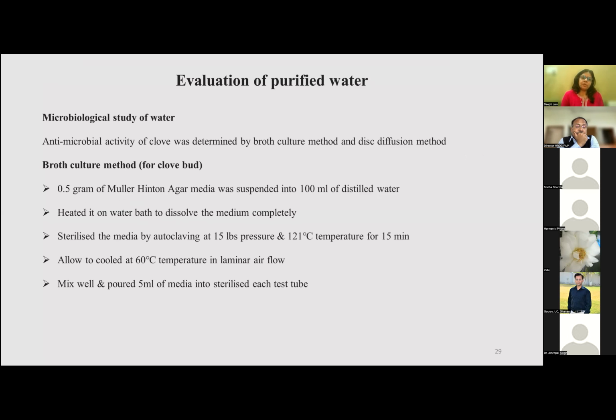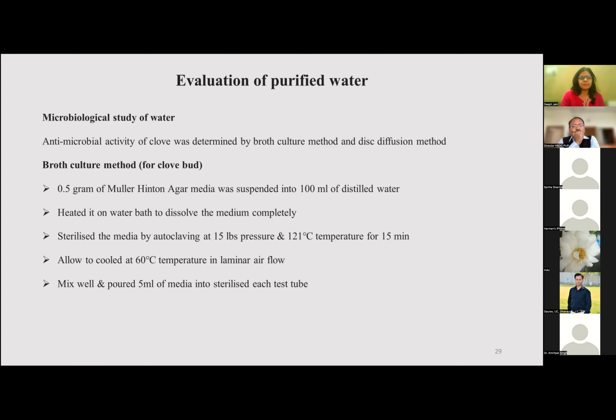Then we carried out the experiment with two things, the crude clove as well as the extract, to see which has better action against water purification. We did it with two methods: one is the broth culture method and another is the agar plate method. In the broth culture method, 0.5 gram of Muller-Hinton agar media was suspended in 100 ml of distilled water. It is heated, and it is a routine procedure.